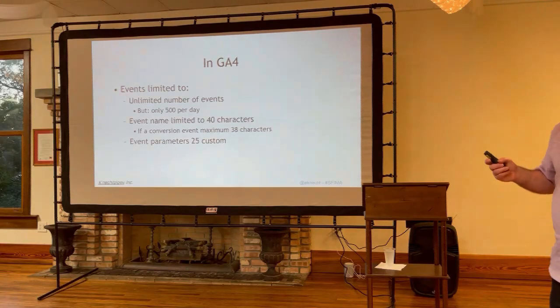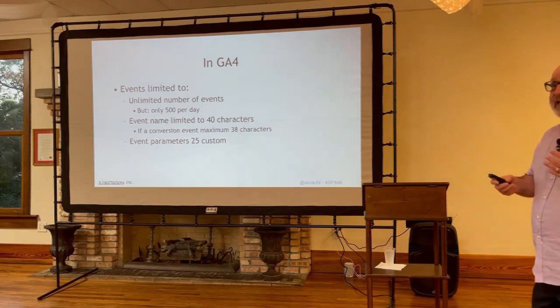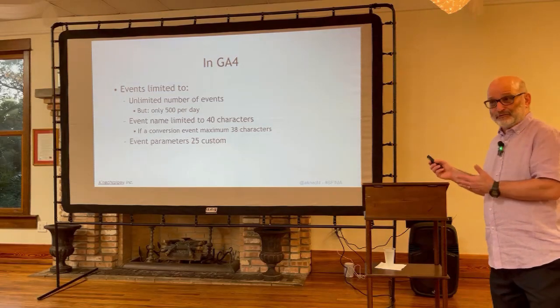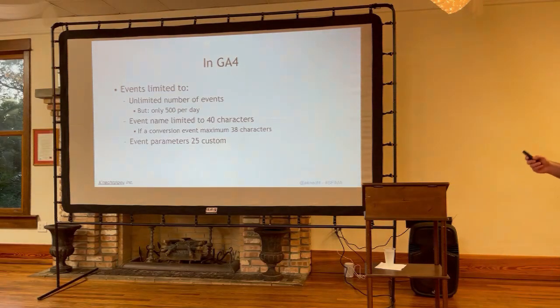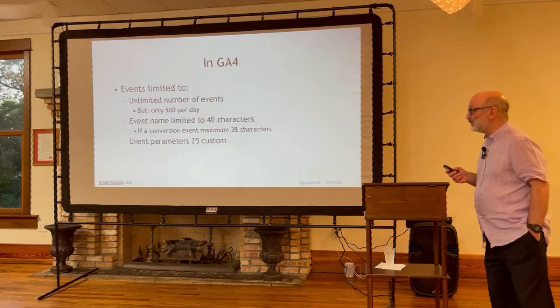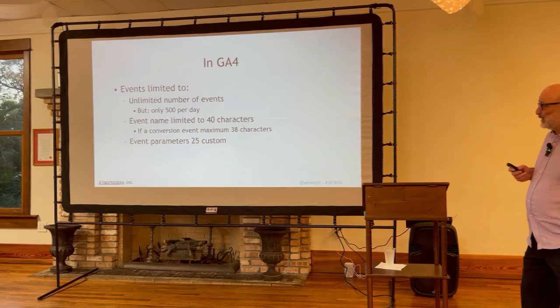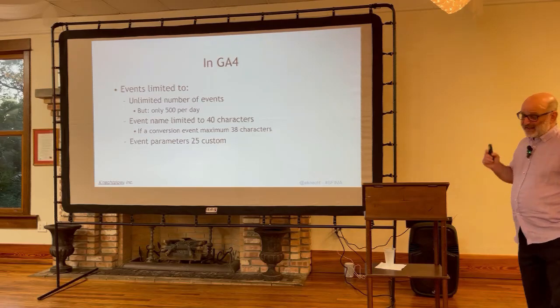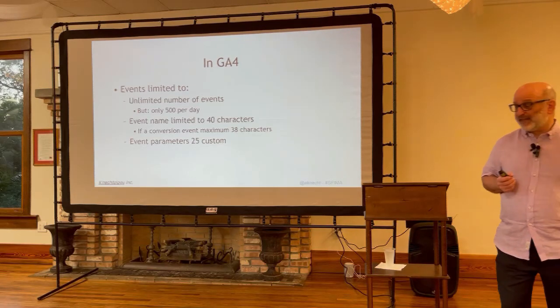So if you have 600 and all 600 happen that day, sorry, you don't get reports on the lower number. But if you have ones that only happen sporadically, you're fine. But once again, I don't know people who hit the 300, so I'm sure I'm not going to run into people fighting the 500 limit.